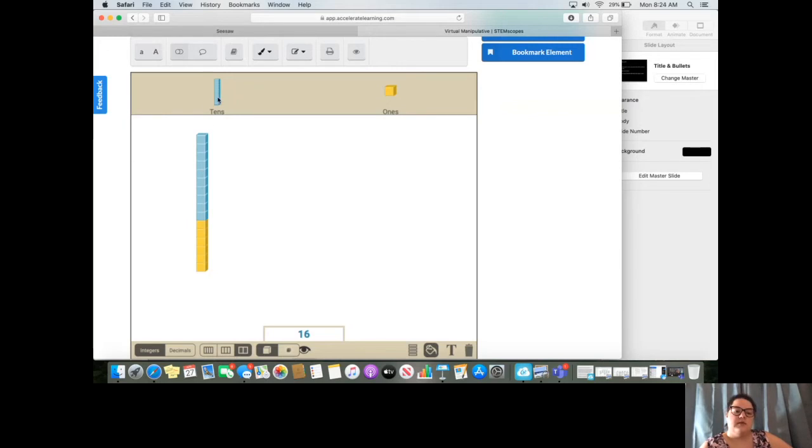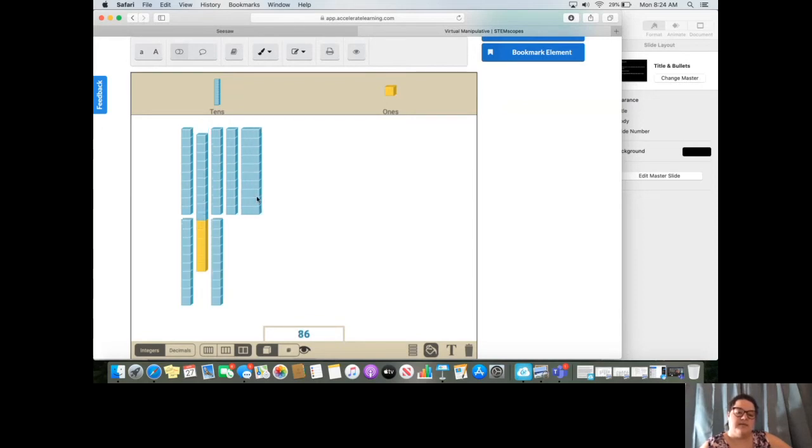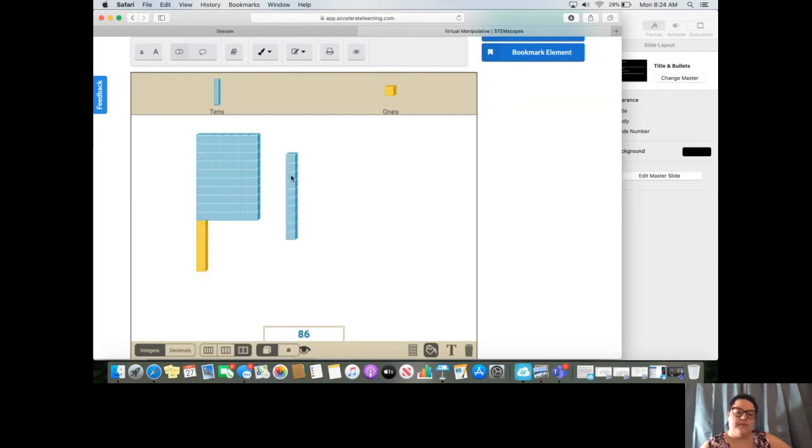So here's 1, 2, 3, 4, 5, 6, 7, 8 colored pencils, and this is going to be our 16 rows.